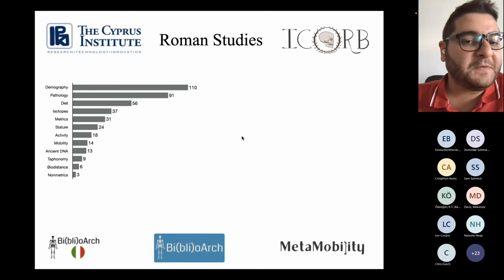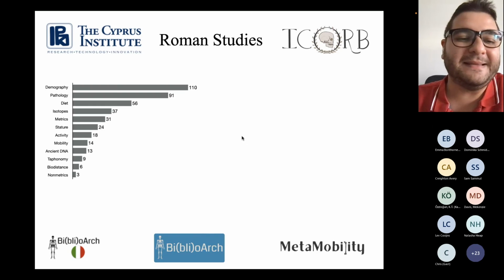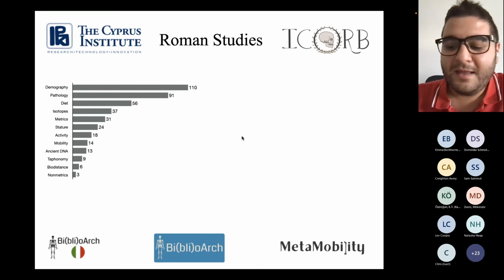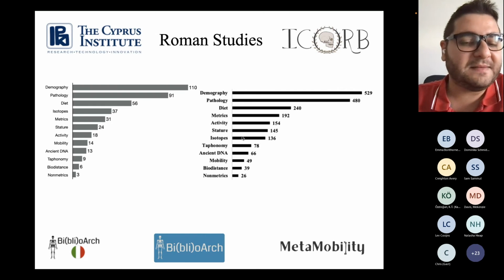Then we can also see here the number of studies per themes, per keywords. We can see demography, pathology, diet being at the top, with the highest number of publications, while biodistance and non-metrics being the least present. And this is a pattern that we can see in the overall Italy as well.